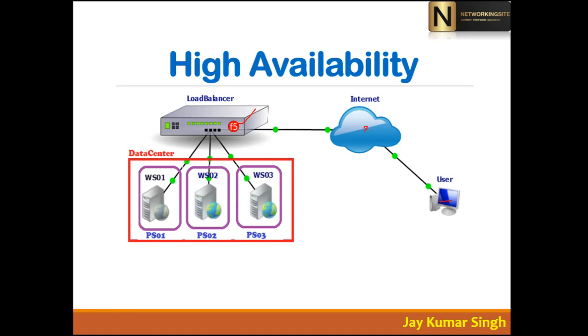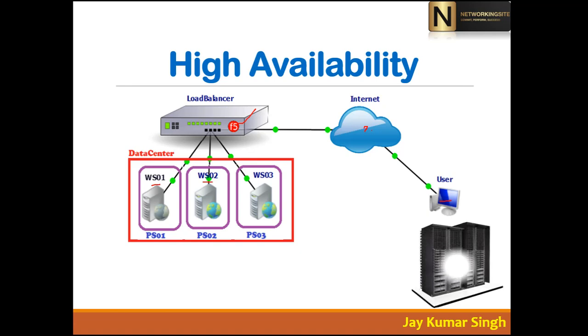Inside the data center you have physical servers, and inside the physical servers you have VMs: web server 1, web server 2, web server 3, like that. This is an example of a data center.